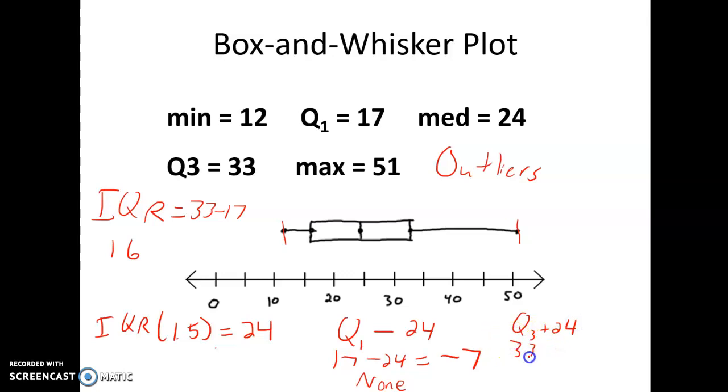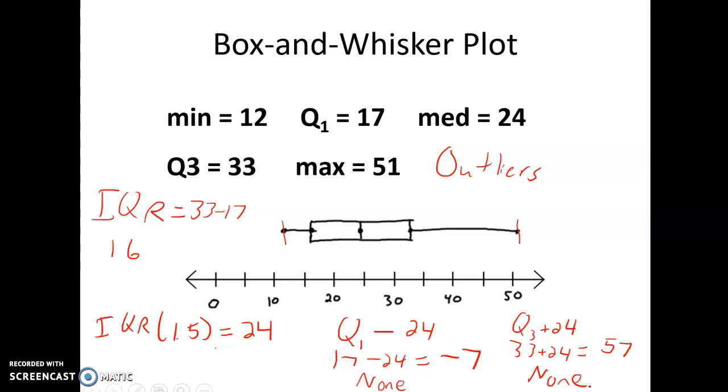So it's 33 plus 24, that's 57. Are there any outliers above 57? No. Closer than the lower level was. -7 was never going to happen. 51 is still smaller than 57. So there are no outliers above either.